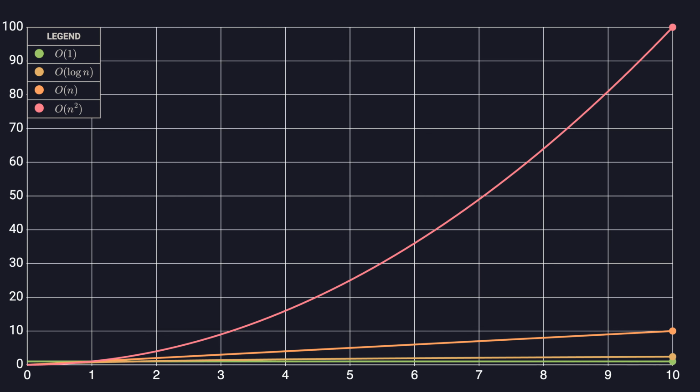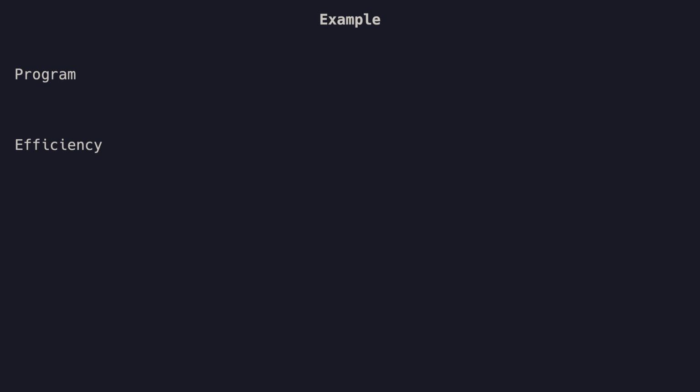Let us look at an example in order to understand why it is important to analyze how algorithms scale. Program A is written very well and functions with the efficiency of O of log n. Program B, on the other hand, isn't written so well and functions with the efficiency of O of n square.